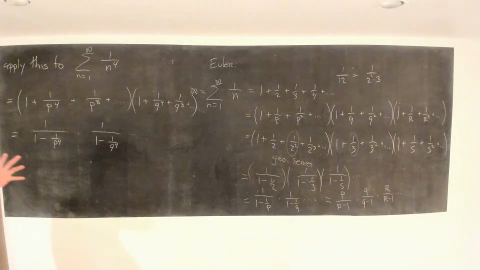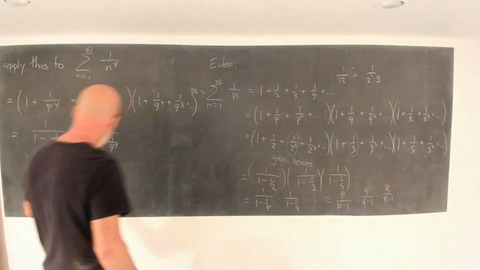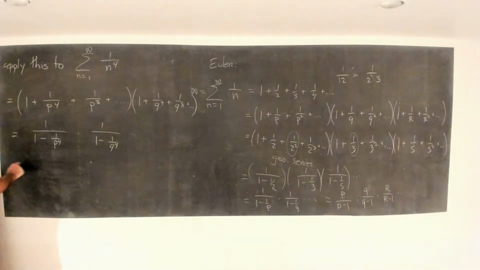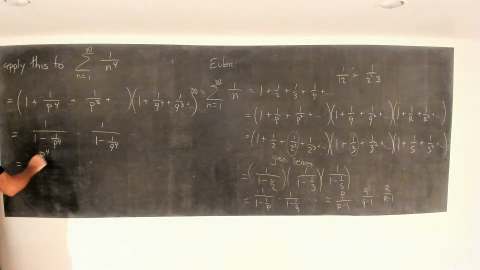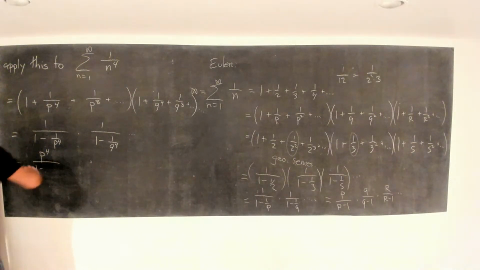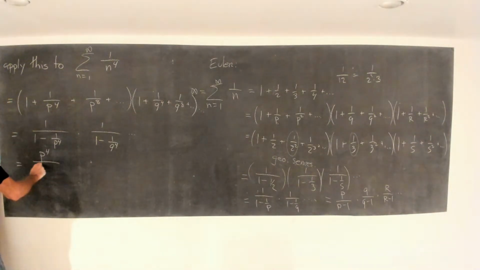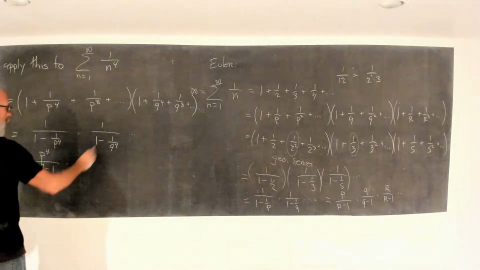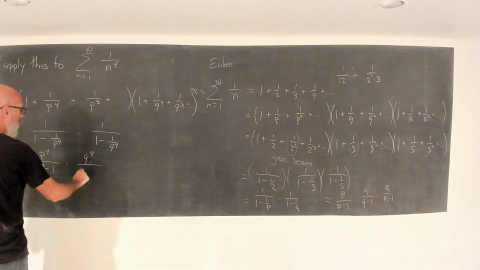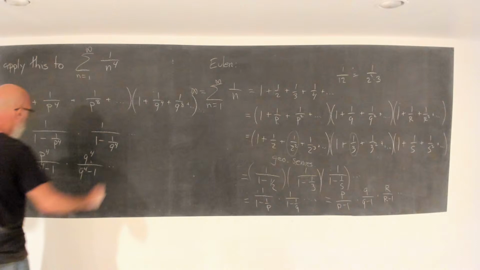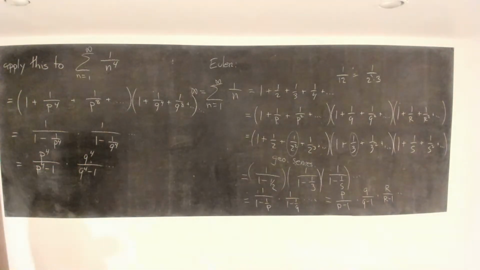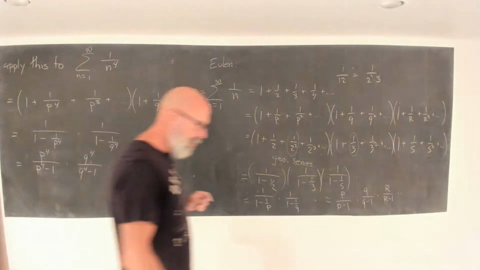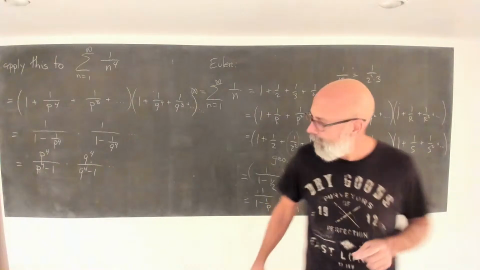So it's this infinite product. Or if you rearrange that properly, this is p to the 4 over p to the 4 minus 1. And q to the 4 over q to the 4 minus 1, and so on. So it's this infinite product of these prime factors.